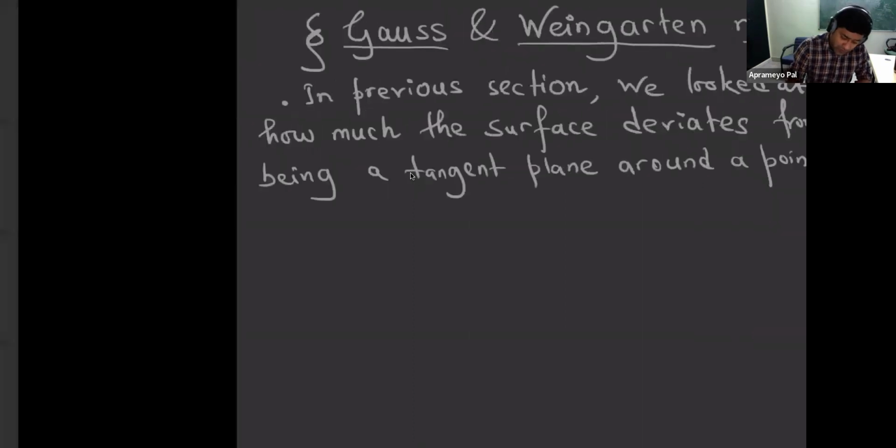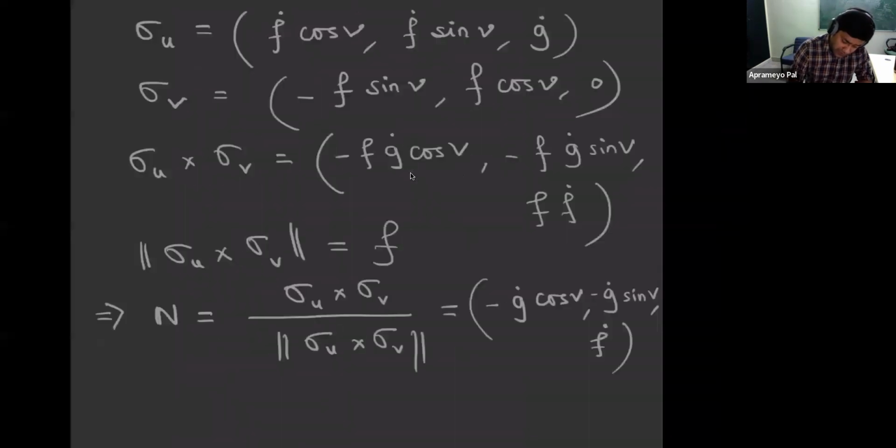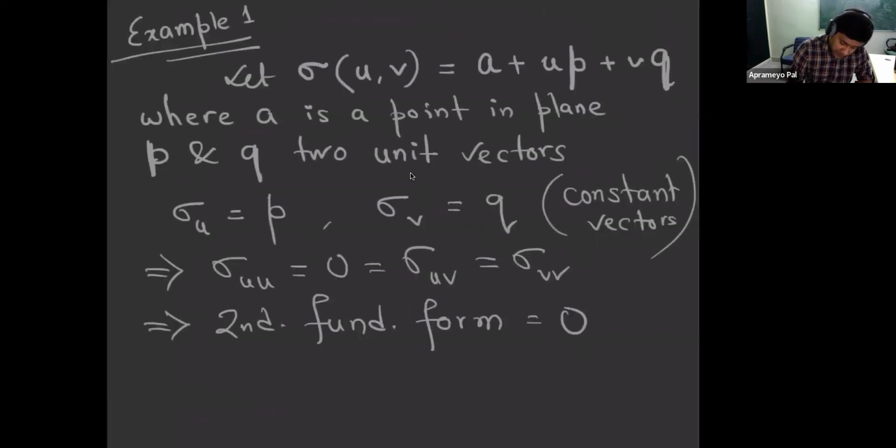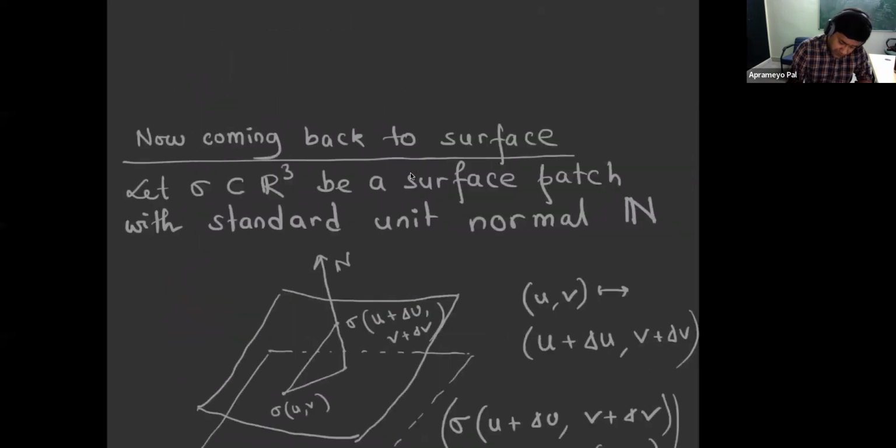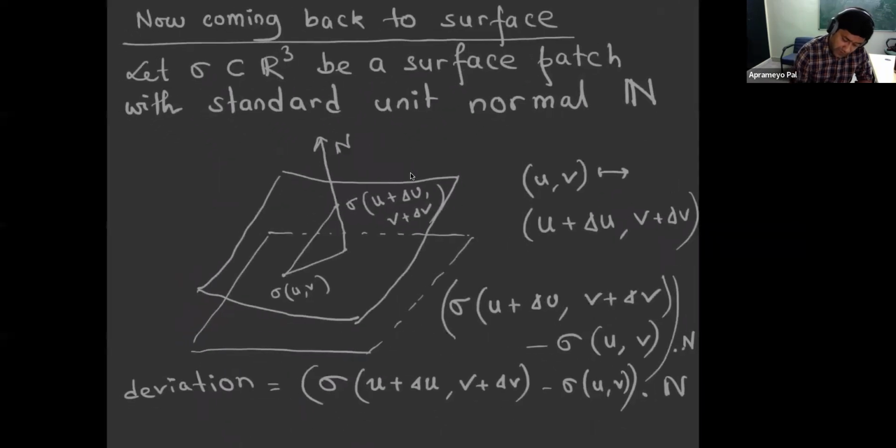Now, let me go back to the picture here. Here you see we checked the deviation of how the surface is deviating. There is another natural way to see how the surface is deviating: by considering how the normal vector is deviating.